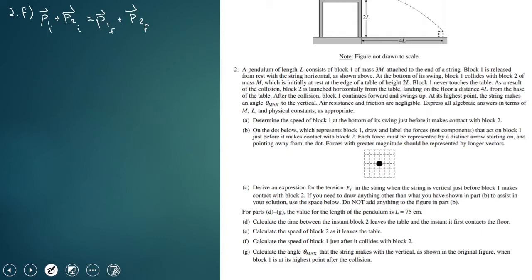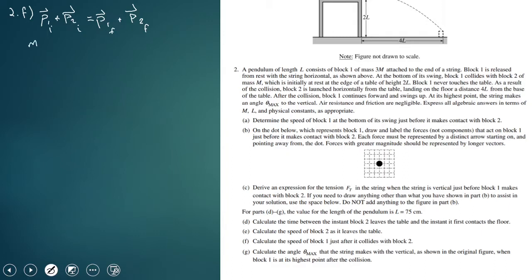Now keep in mind that the two objects don't stick together, and that's why I wrote the momentum of 1 and the momentum of 2 final as separate things. If they did stick together, then you'd have to combine the masses because they would have the same final velocity. So what do we know?